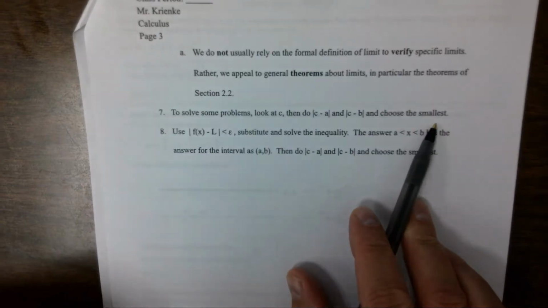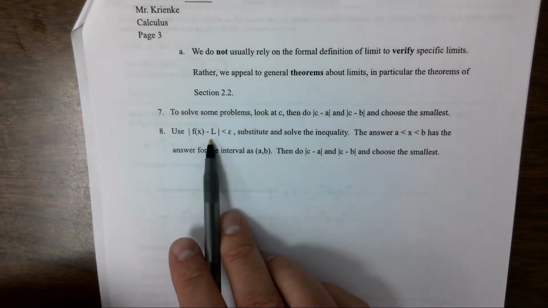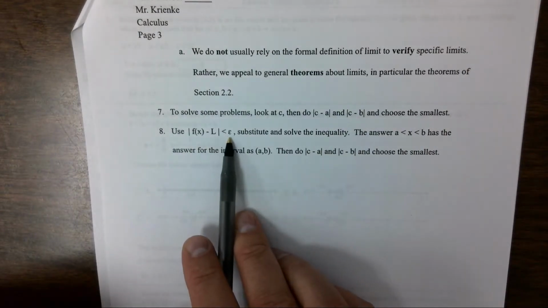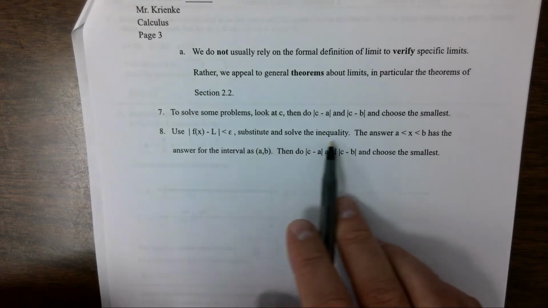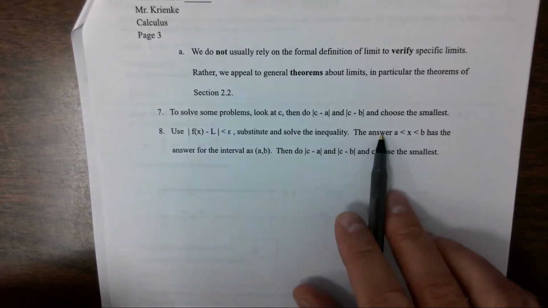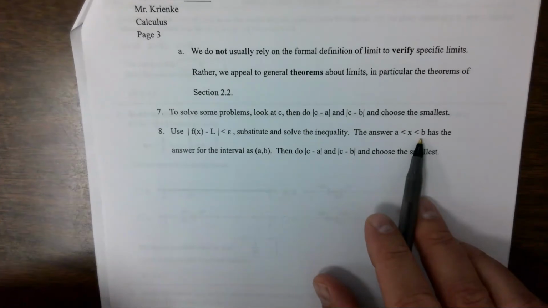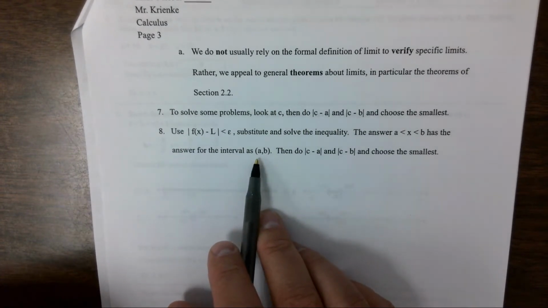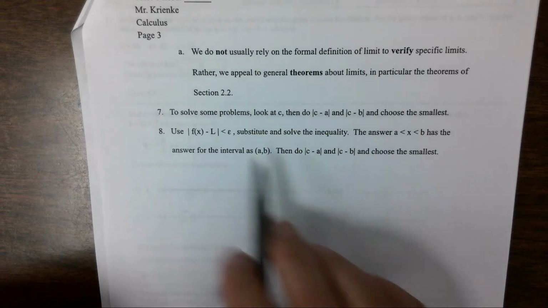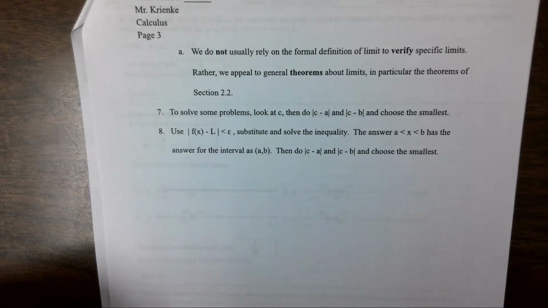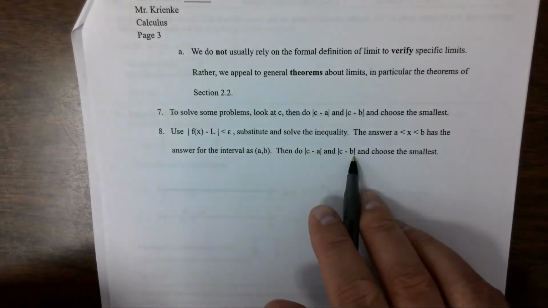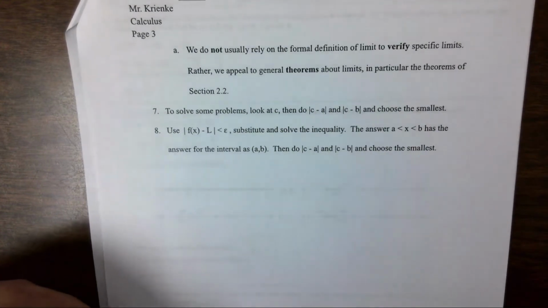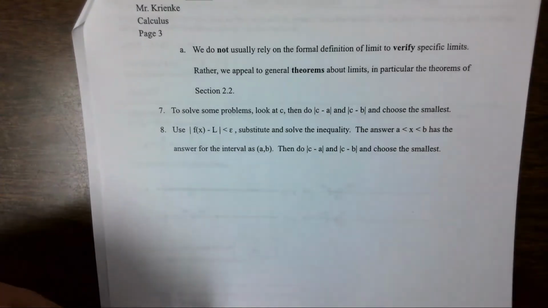And then use the absolute value of f of x minus L less than epsilon. Substitute and solve the inequality. The answer a less than x less than b has the answer for the interval like AB. Then again do C minus A and C minus B, and get the smallest. So pretty similar to that.